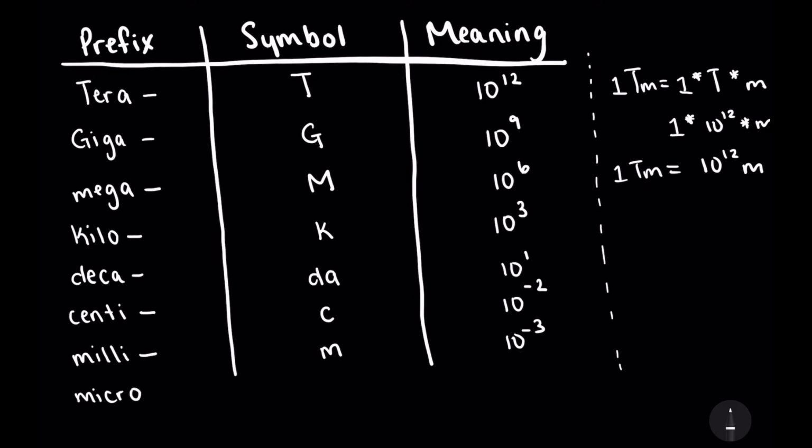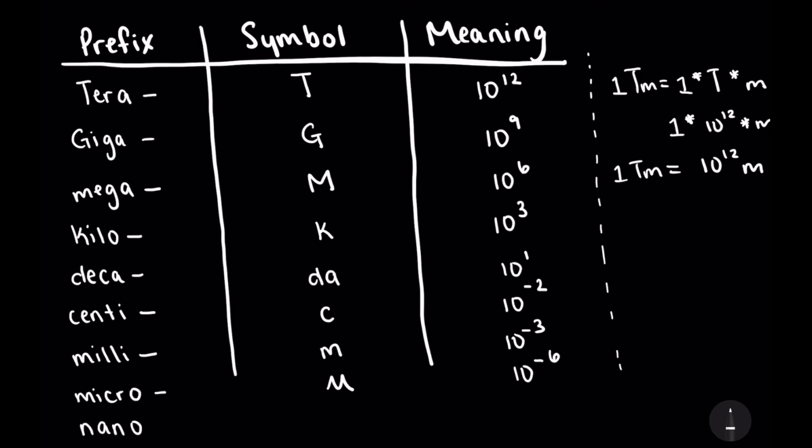Micro, another kind of definite, especially when we get to the later section of the syllabus, is a Greek symbol mu. So it's kind of like a fancy M or a fancy U if you see it that way. And it means 10 to the minus 6.